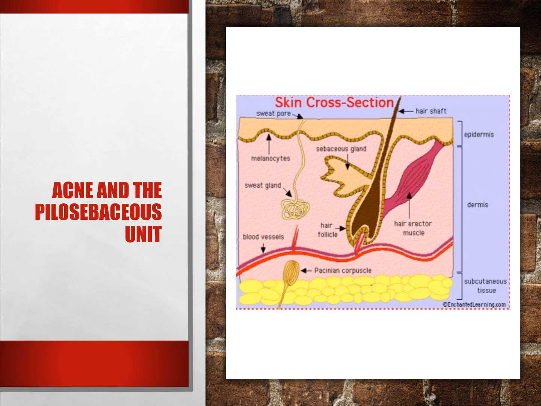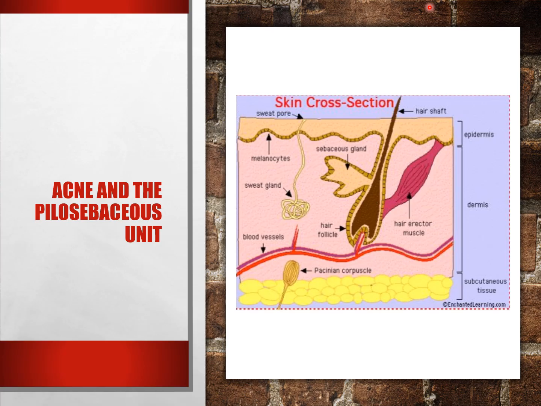So acne is overall a disorder of what we call the pilosebaceous unit, and that unit has a tiny vellus hair. So you can see here, this little hair shaft, as well as a sebaceous gland. And the sebaceous glands are largest on the face, the scalp, and on the scrotum.